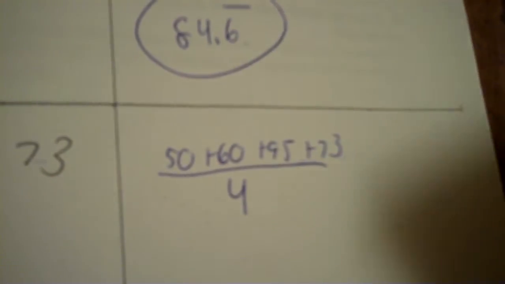Okay, next problem. Well, there's 4 numbers, so we're going to be dividing by 4. And we have 50 plus 60 plus 95 plus 73. Okay, it's going to be 278. I take 278 divided by 4. Okay, 69.5.